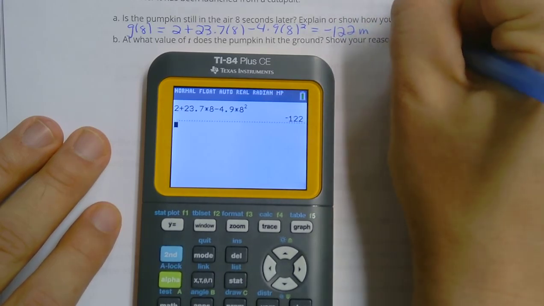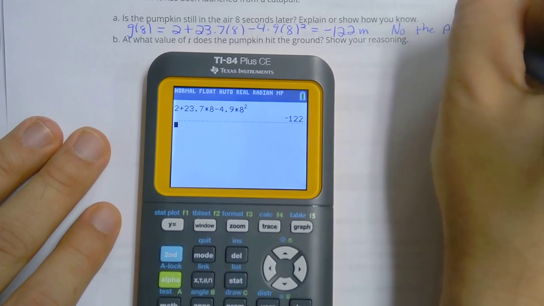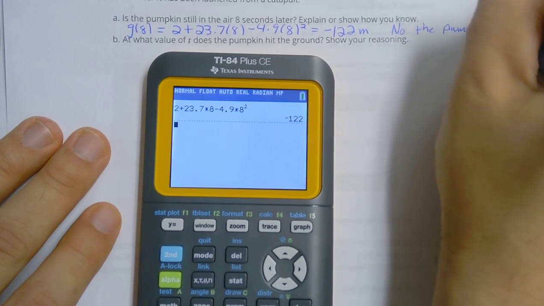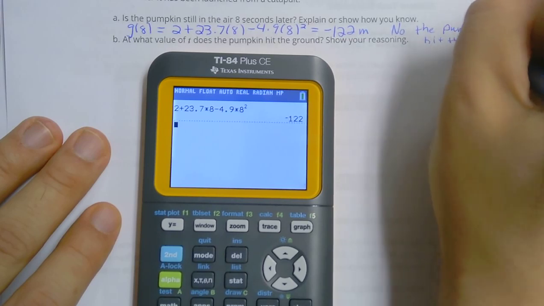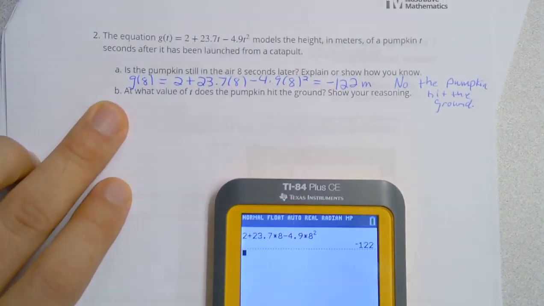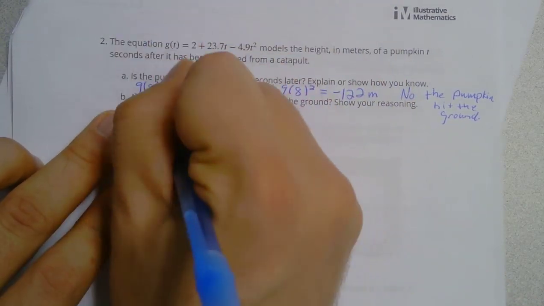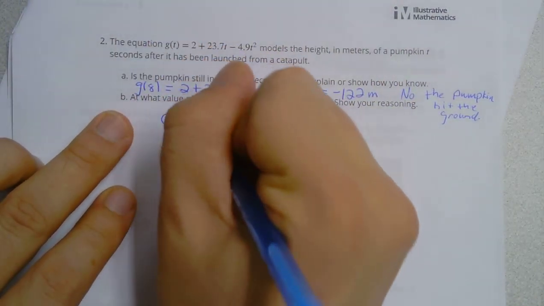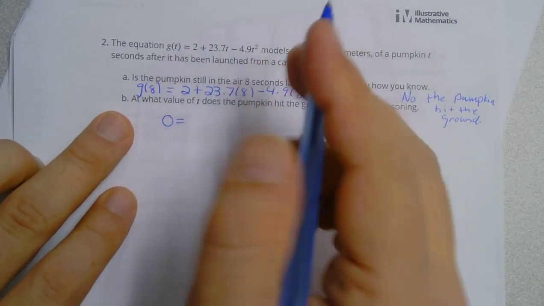So no, the pumpkin already hit the ground. So at what value of t does the pumpkin hit the ground? So we just substitute 0 for g of t. So 0 equals, and I'm going to rewrite the equation in standard form.